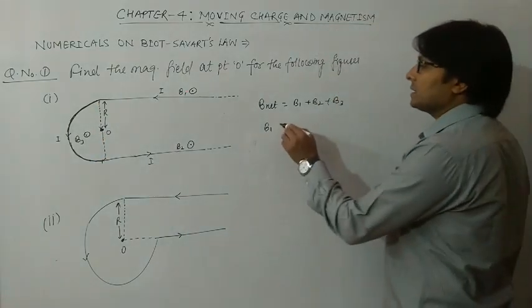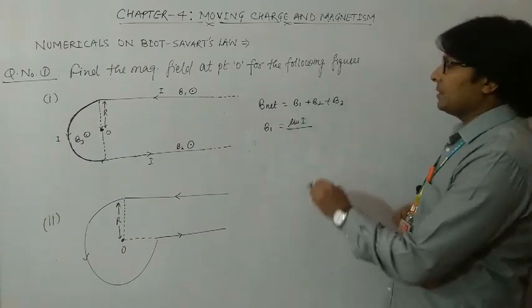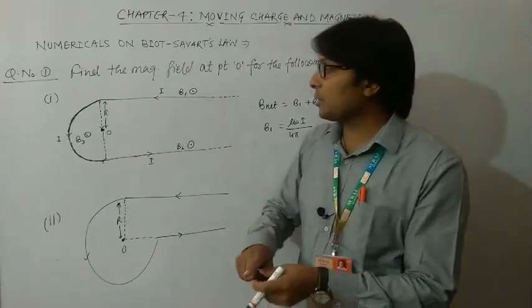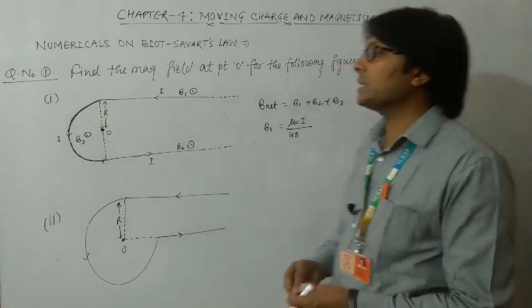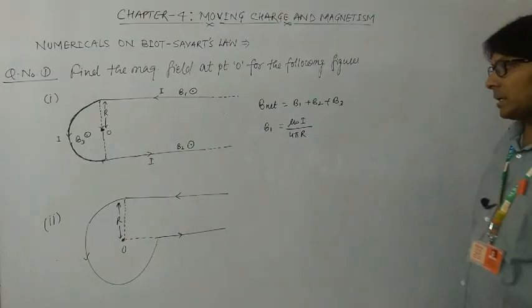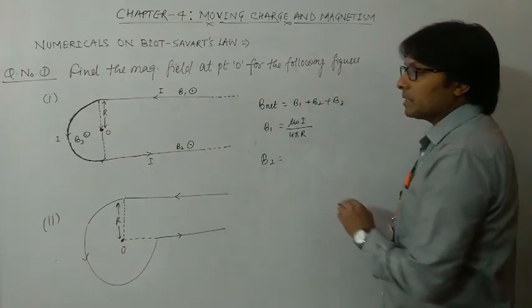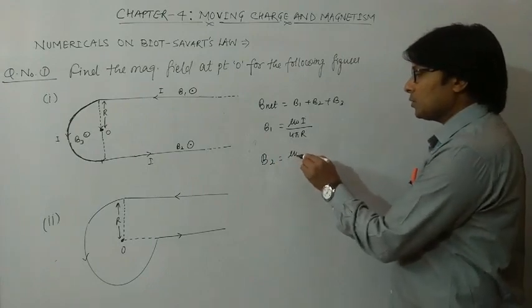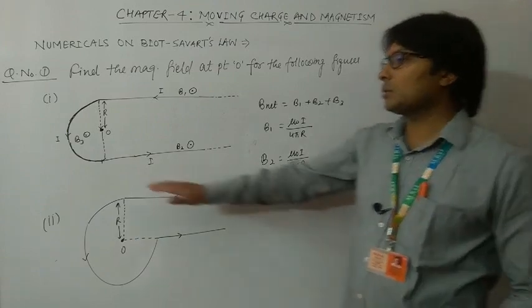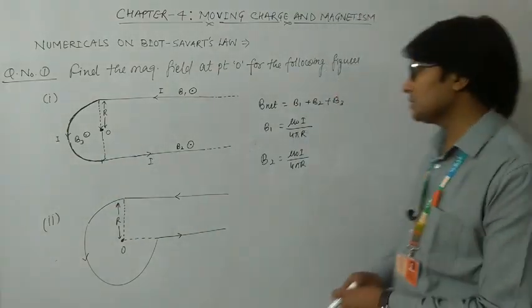So B1 is mu 0 I divided by 4 pi a, and in place of a, the perpendicular distance of this point from this wire is r. So we will write here mu 0 I upon 4 pi r. Similarly B2 can also be written as mu 0 I upon 4 pi r, because this wire is also of infinite length and this point is near one end of this wire.